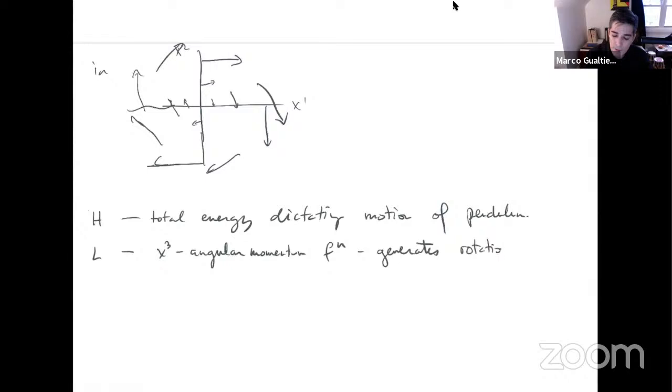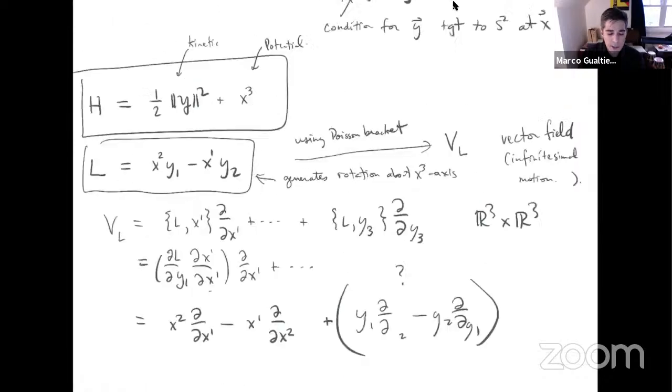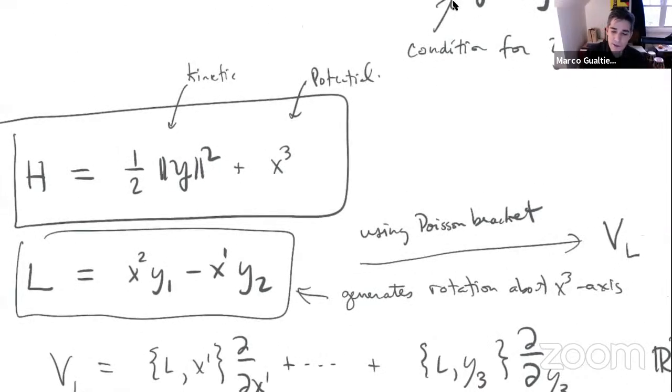So now, when I look at the expression for the energy, I see that it only depends on x3, and so it appears that the energy will be unaffected by such rotations.